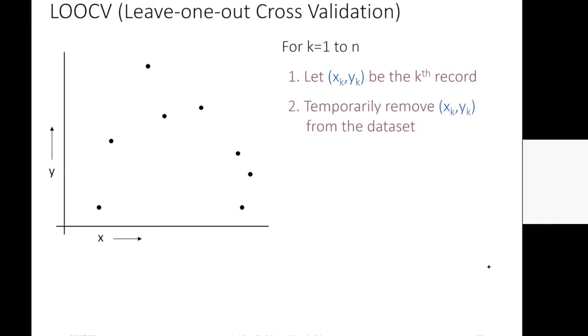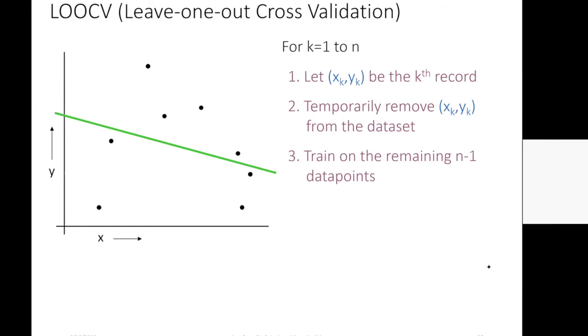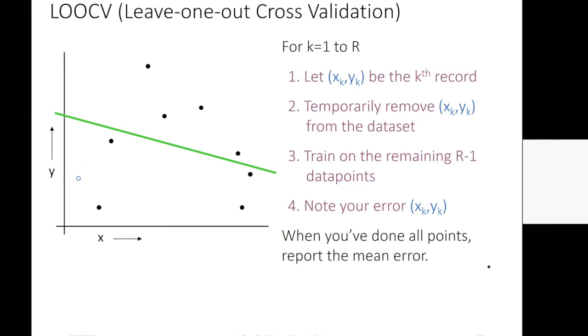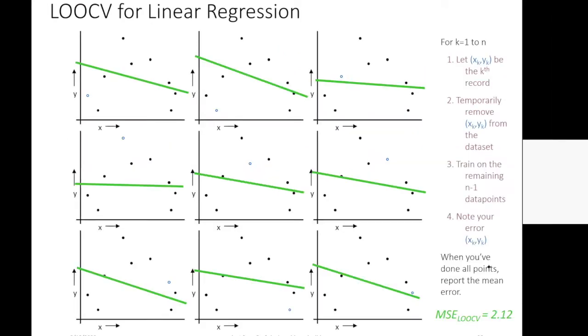You pick one point, leave it out, learn the regression, then put it back and check the error. Then you keep doing this on all the 9 points. Then you accumulate that error, put it together, and this is your leave one out cross-validation error.